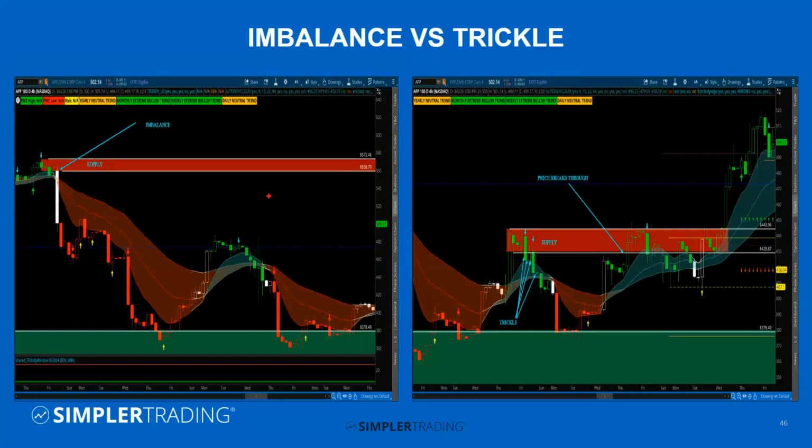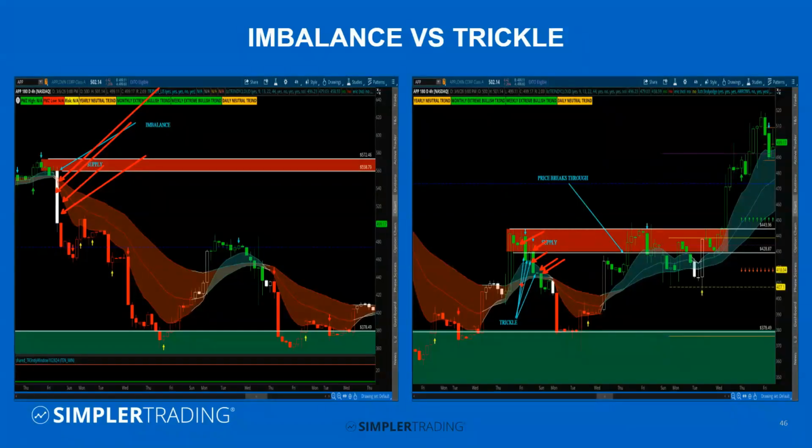This is the same name, and I want you to notice the difference between this move out right here, and I want you to look at this move down here. Do you guys see the difference of how strong this move out is and how slow this move is?